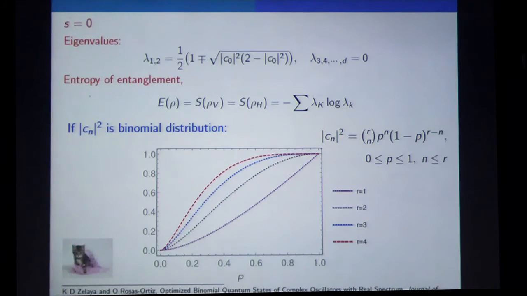For example, if we choose the Cn such that we recover the optimized binomial quantum state reported in this reference, we plot here the entropy of entanglement for different values of R, and we can see that the state is more entangled when we consider more states in the linear combination. In the plot, p equal to 1 means that we have at the output the nonlinear state, and p equal to 0 means that only the vacuum state is considered.